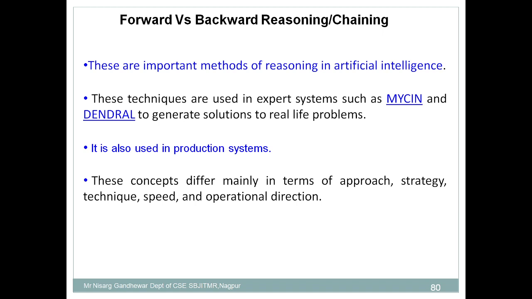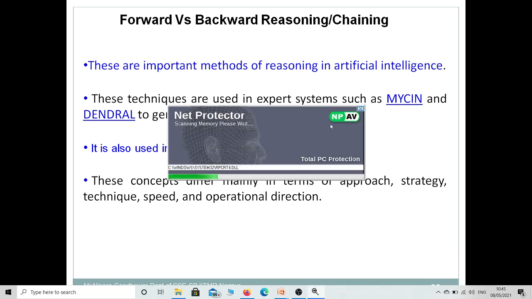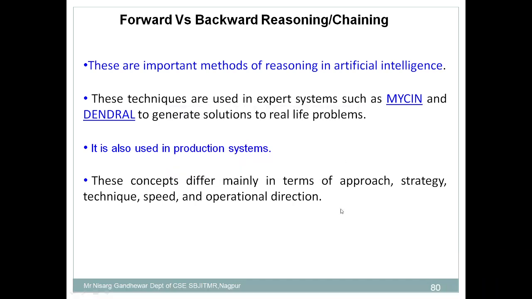These two techniques differ mainly in their approach: one follows a top down approach, another follows a bottom up approach. They also differ in strategy, speed, where backward reasoning is faster, and I will tell you why, and operational direction.